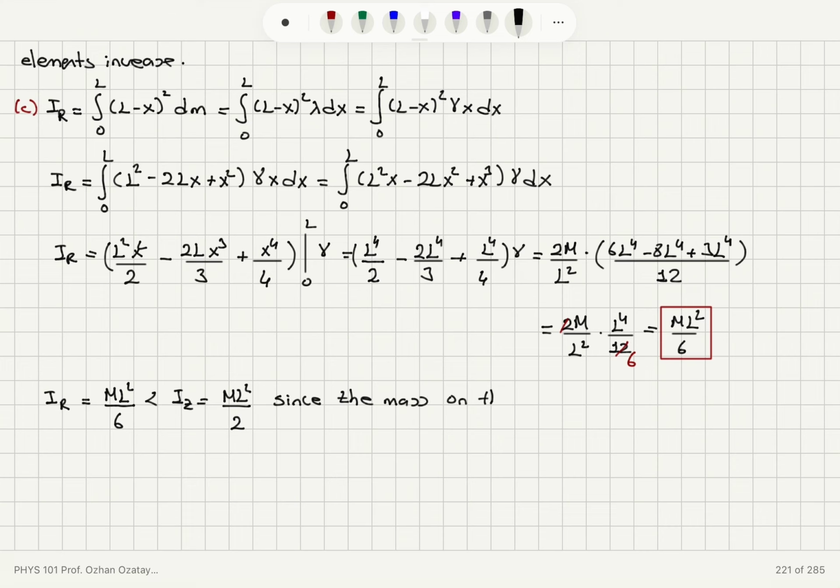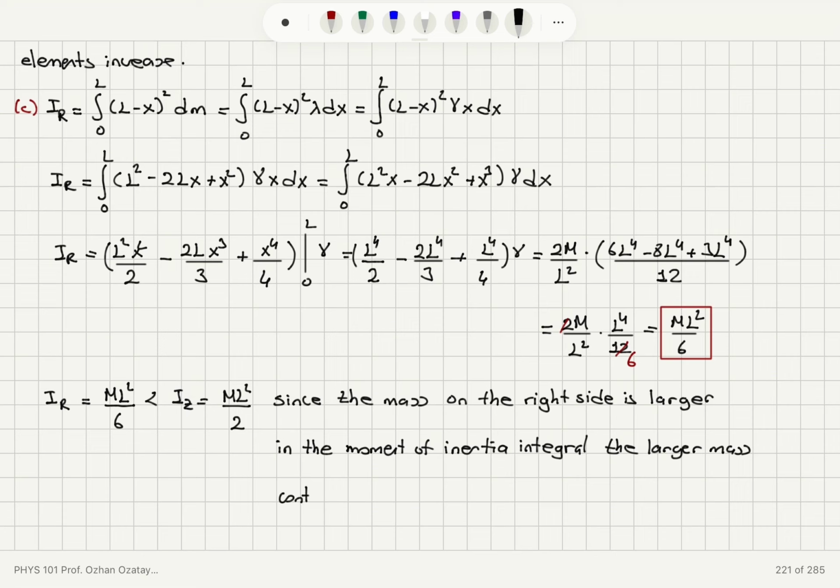Now, since the mass on the right side is larger, in the moment of inertia integral, the larger mass contribution is multiplied by smaller r squared values, so the overall moment of inertia will decrease.